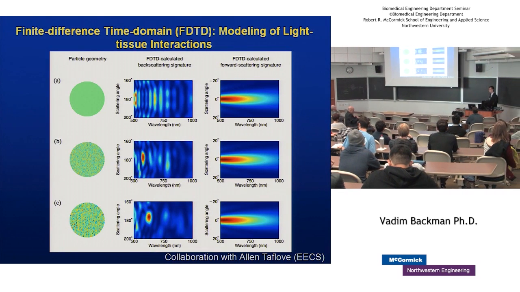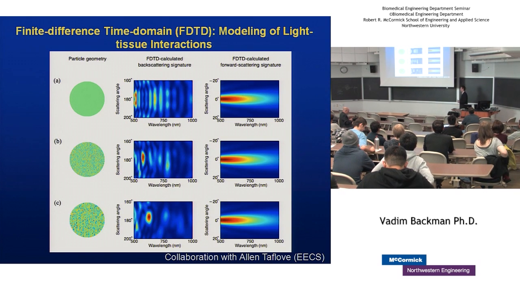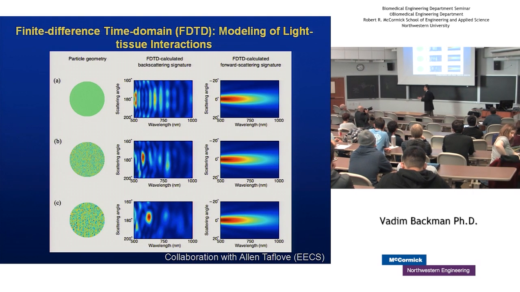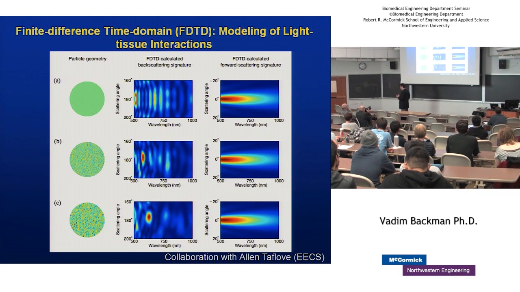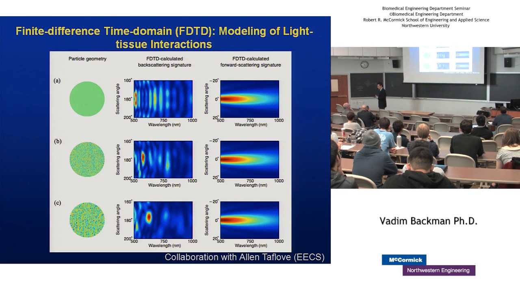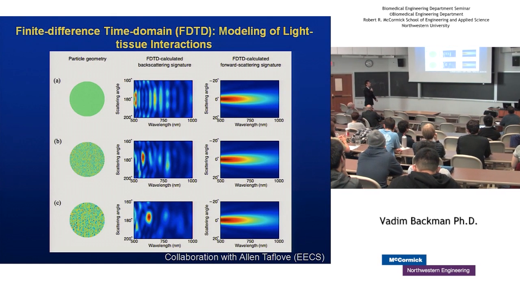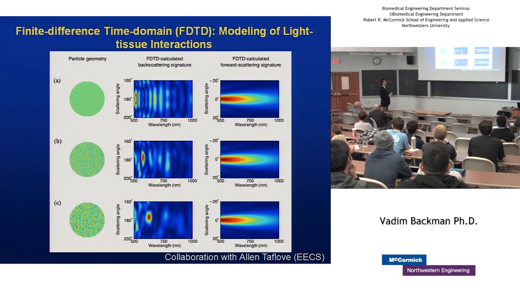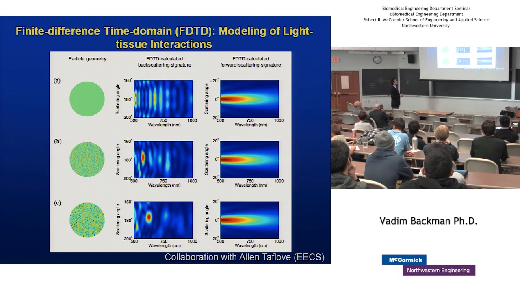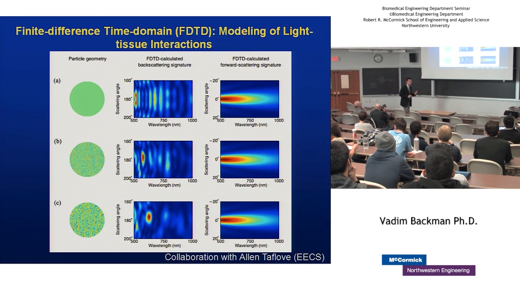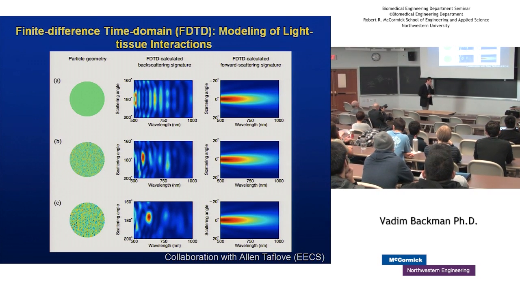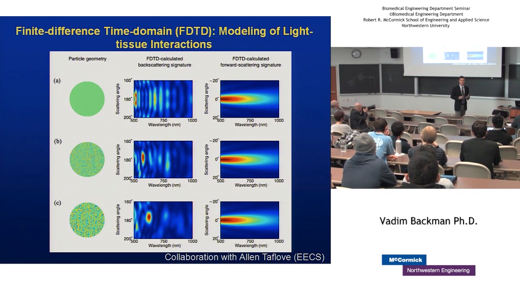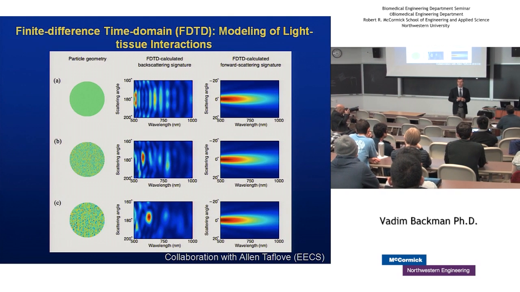What I'll probably do now, as a way of introduction, is give you a bird's eye view snapshot of examples of the different technologies that we try to develop. Starting with the basic physics, remember the example I gave you? In collaboration with Allen Taflove, we're developing the finite difference time domain (FDTD) method of modeling how light interacts with tissue, starting from the basic equations, that's Maxwell's equations, with no approximations.